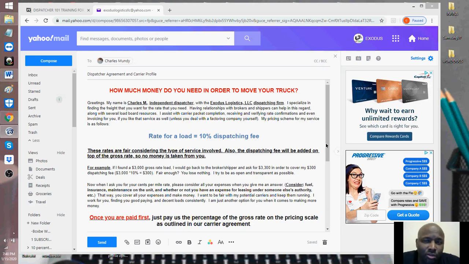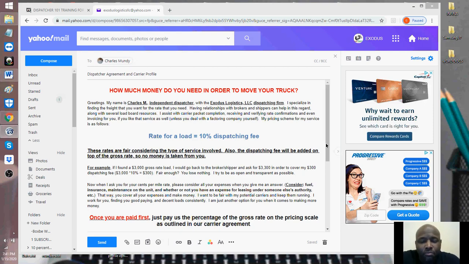But as far as a dispatcher dispatching for 3 different carriers with 3 different MCs, and then finding loads for them strictly with the loaders and the brokers, that's where the gray area is for me, whether or not that's a yes or a no.